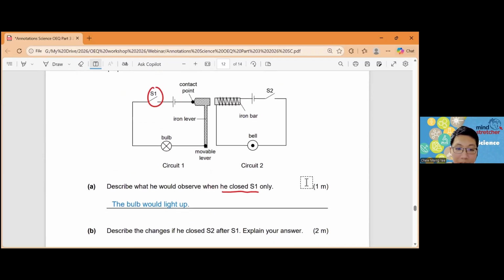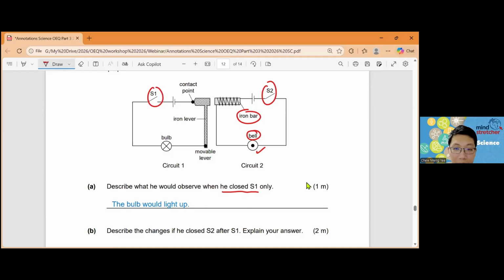Now, then comes the next part. Describe the changes if he closed S2 after S1. Explain your answer. So for S2, now we know S1 is the closed circuit, the bulb is lit up. But S2 is closed after that. What is in S2? We have an iron bar, we have a bell. Now, if it's a closed circuit, the bell will sound. That is something that will happen.